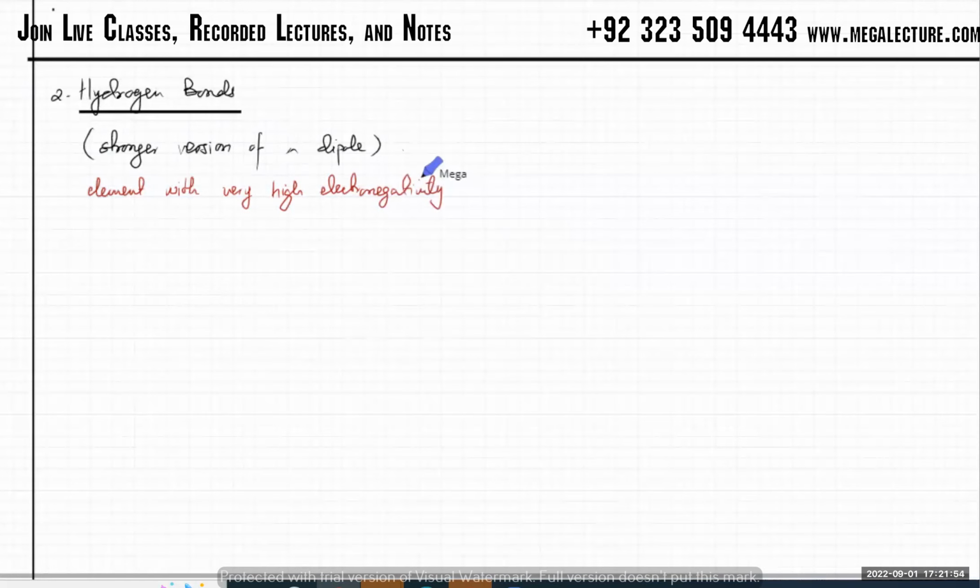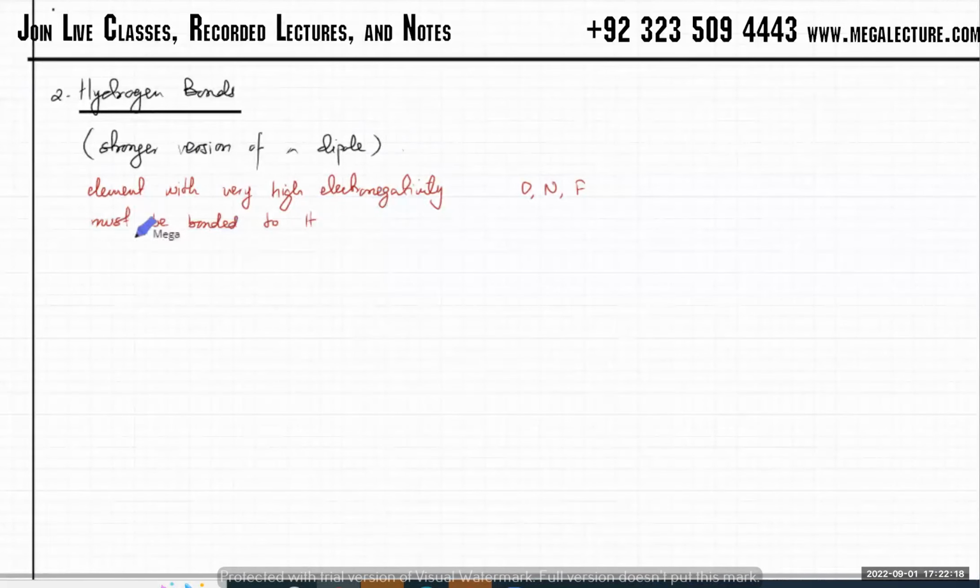So there's oxygen, nitrogen, and fluorine. ठीक है, नाइट्रोजन भी होता है और आपके पास फ्लोरीन होता है, and they must be bonded to hydrogen directly. अच्छा, must be bonded to hydrogen.